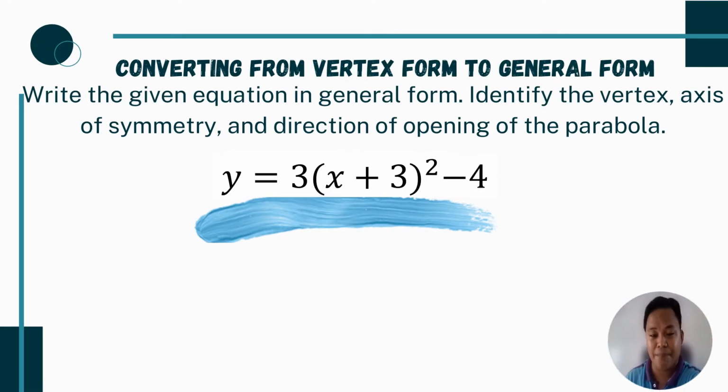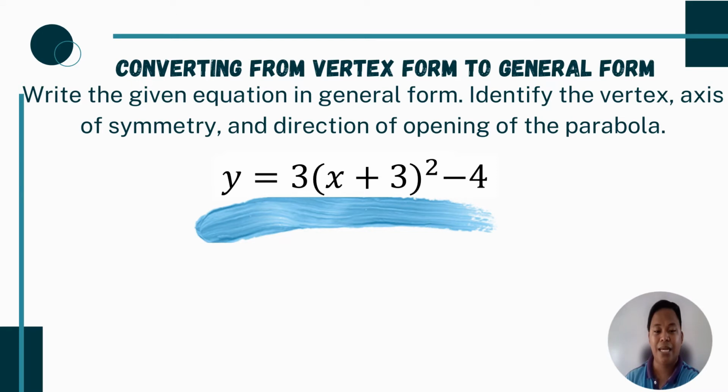For this given example, we're going to convert this vertex form of a quadratic function into the general form. And we are also to identify the vertex, the axis of symmetry, and the direction of the opening of the parabola.